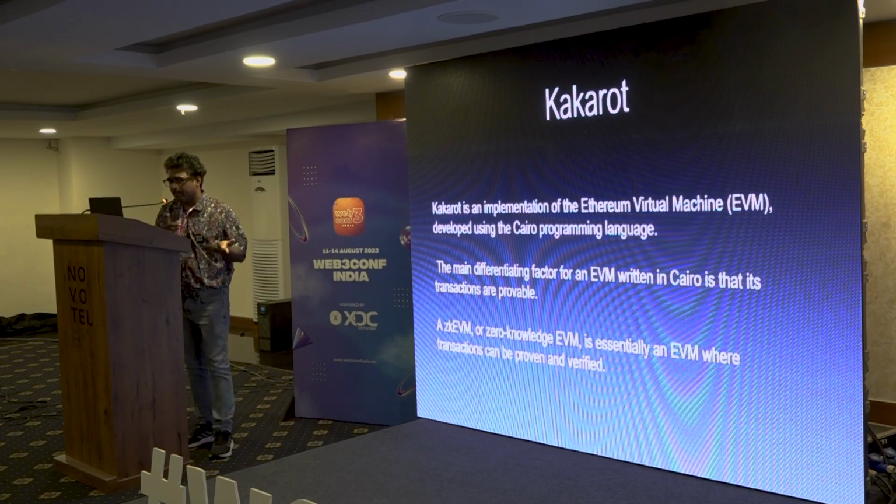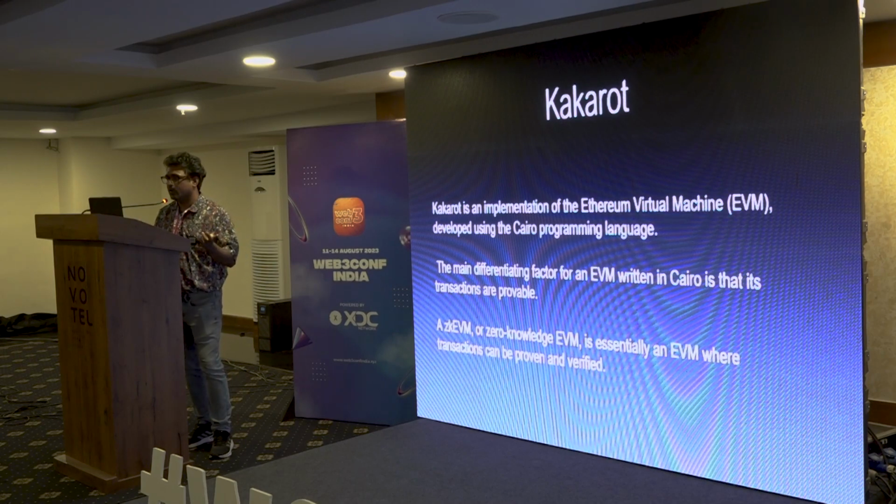Coming back to Kakarot, the main difference for an EVM written in Cairo is that its transactions are provable, unlike native EVM transactions, because Cairo is a general purpose provable programming language. When I say provable programming language, when it executes a program, it not only generates the result, but it also generates the proof of the result.